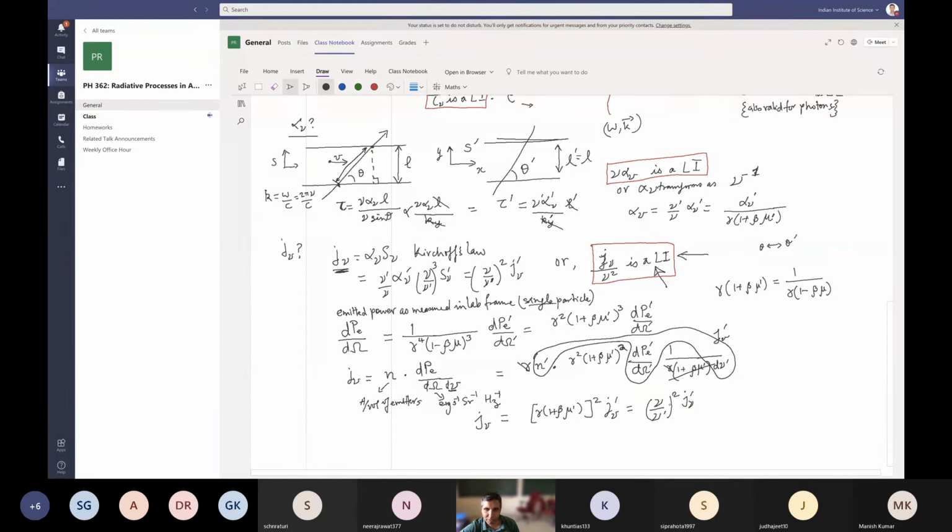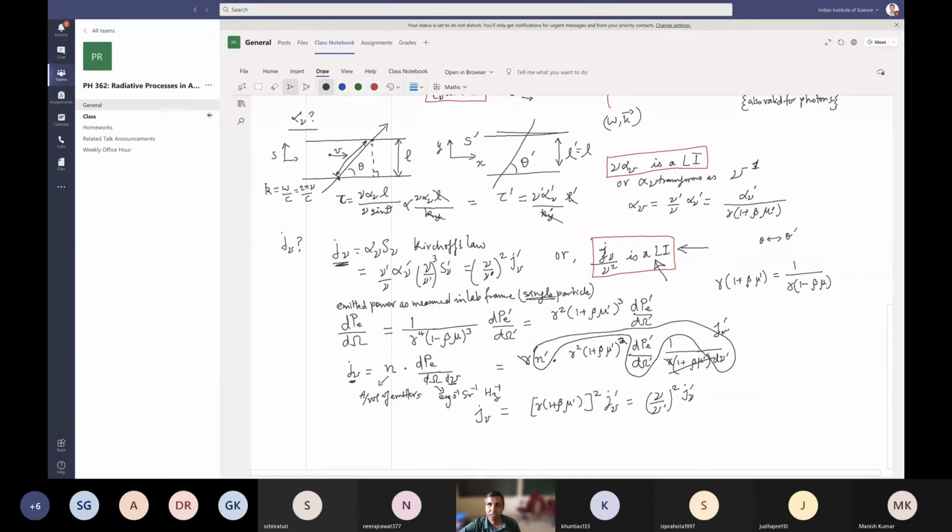That j nu by nu squared is a Lorentz invariant. Is this clear? So the steps involved were: there was a single particle limit, then you multiply by number density of emitters, and you have to be careful about the units of this. So we get this. Is this okay?